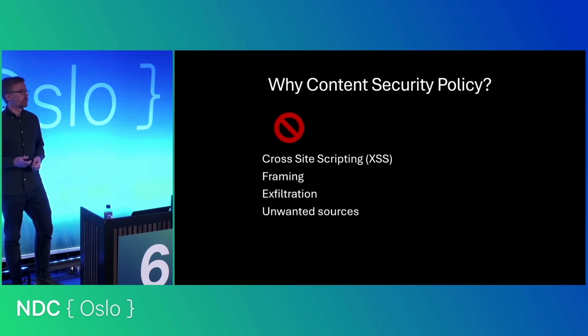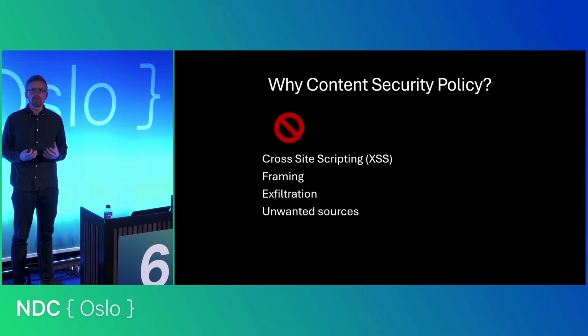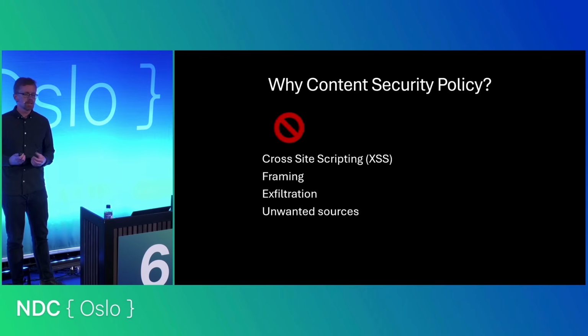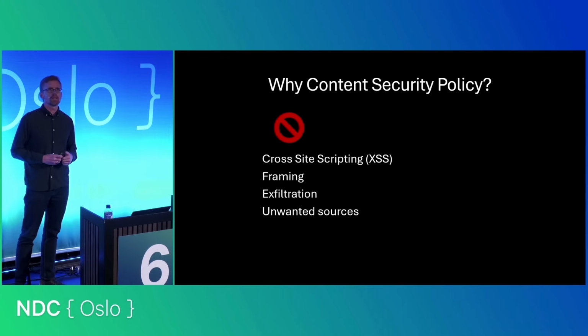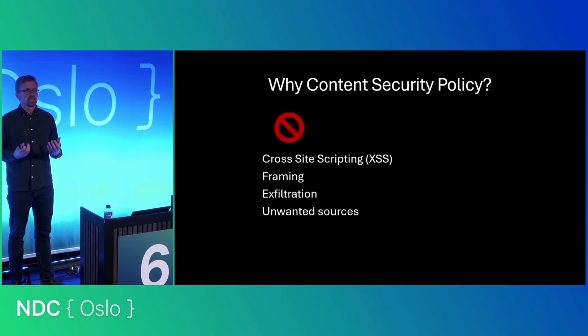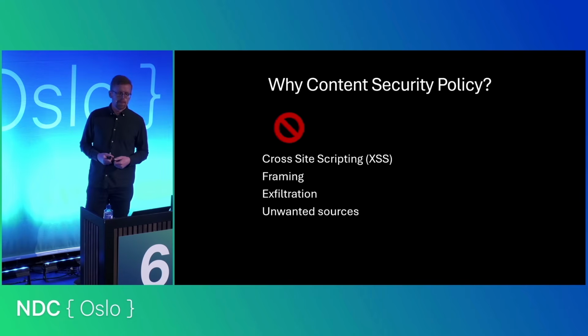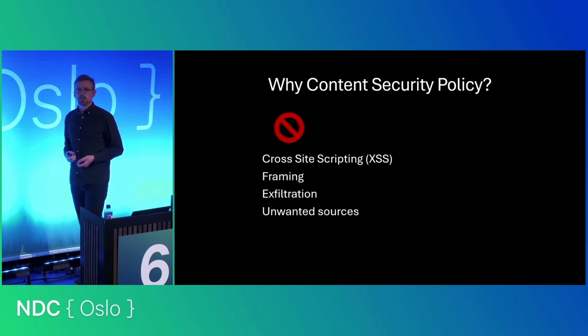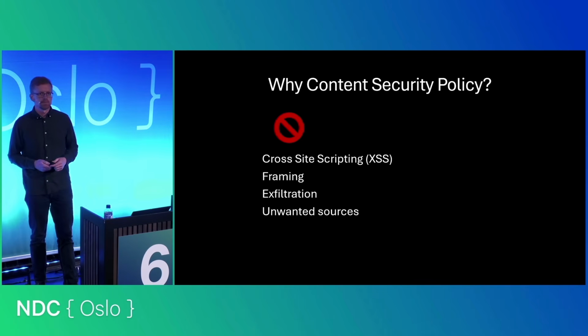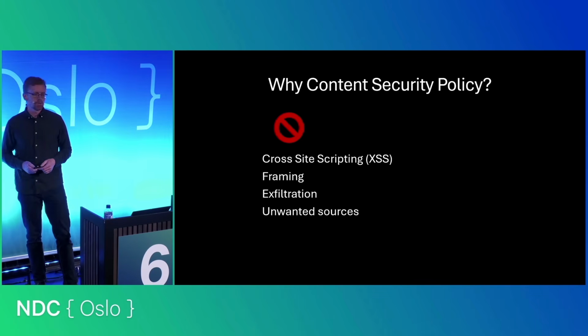Well, the thing that I will focus on today, and which is really the most important thing and the main use case, is protecting against cross-site scripting. It's kind of the last defense, and it's really good at it. But you can also use it to prevent framing and exfiltration to unwanted sources. But I will give the most focus to XSS.